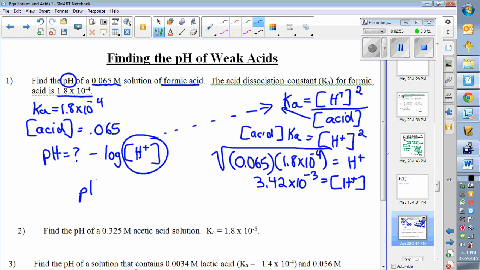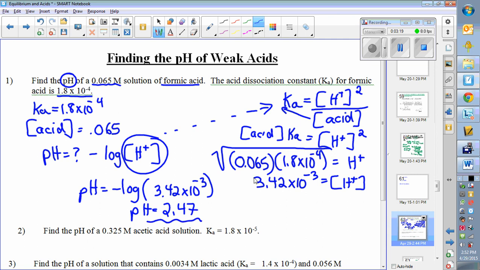To get that, we need to do the negative log of that concentration, 3.42 times 10 to the minus 3. So we take the negative log of our answer, and I think you get a pH of 2.47 or so.